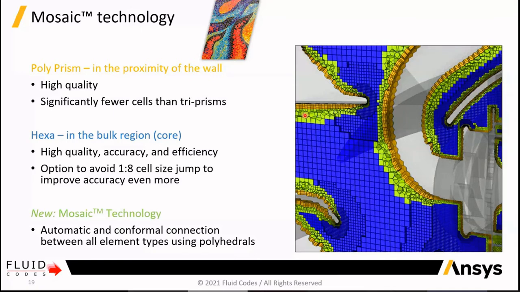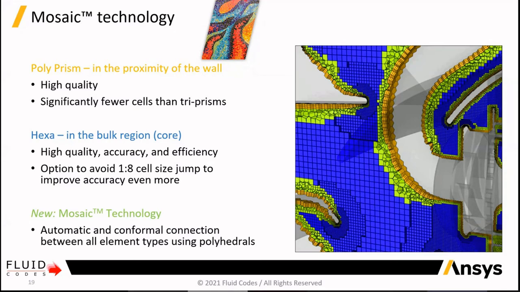Mosaic is the way these different layers of cells, the polyhedral prismatic inflation at the boundary, on the walls actually, and the hexa elements in the core, are linked. It is nothing less and nothing more than connecting these elements in a conformal way with polyhedral.